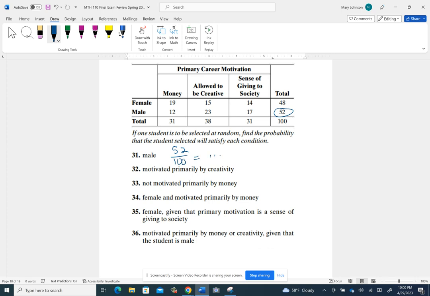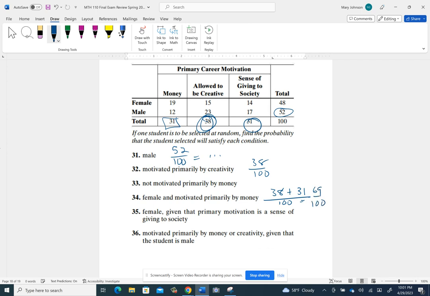Motivated primarily by creativity, that would be 38 out of the 100. Not motivated by money would be not this, which means these two.